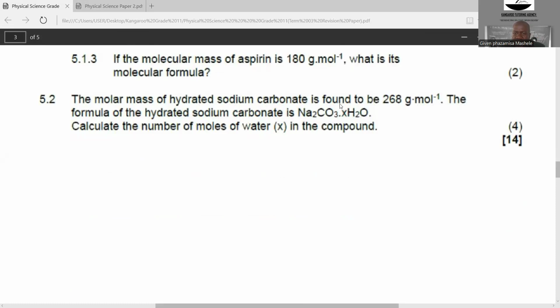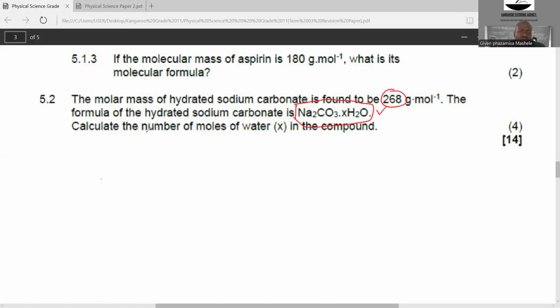We are told the formula for the hydrated sodium carbonate is this one, so it is sodium carbonate that has water in it. This has a molar mass of 268.